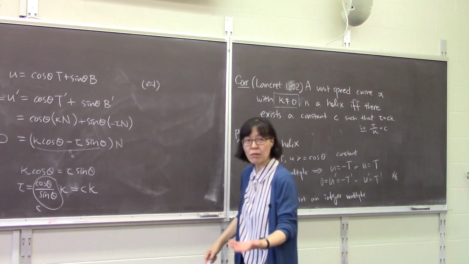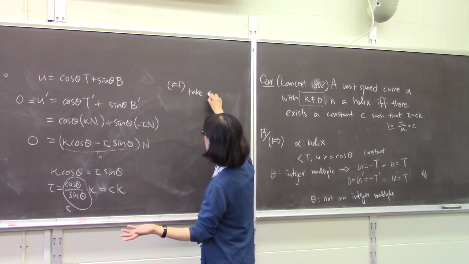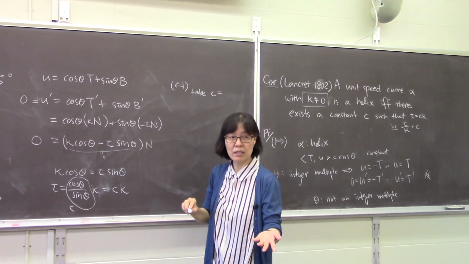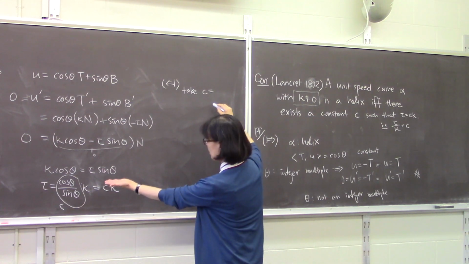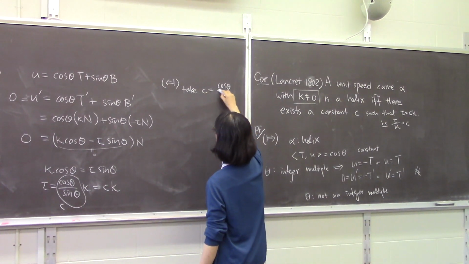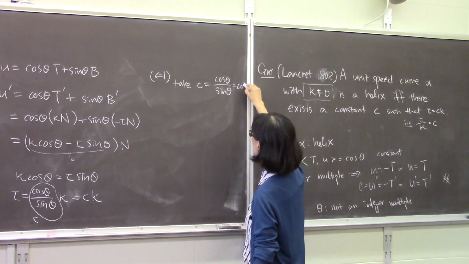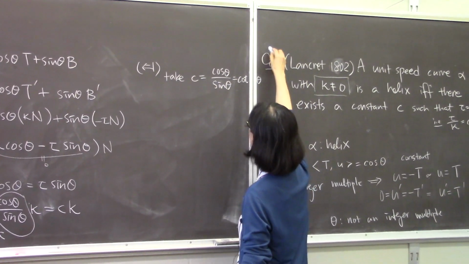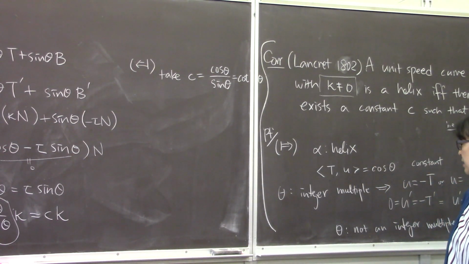So we assume we have such a constant c. Simply take that constant c as cosine theta over sine theta, which means cotangent theta. Let's take the constant c that way.